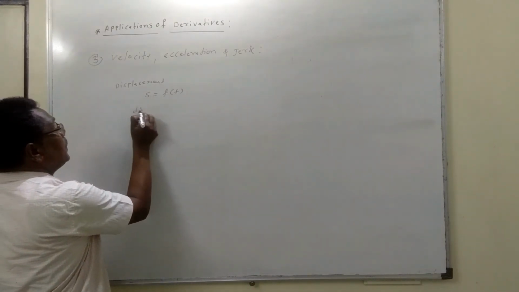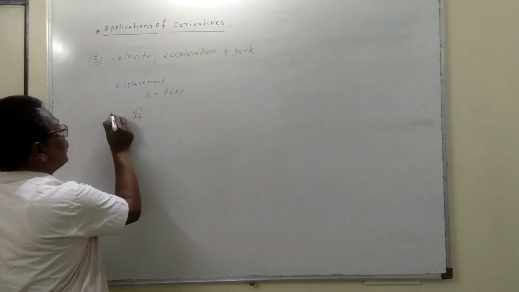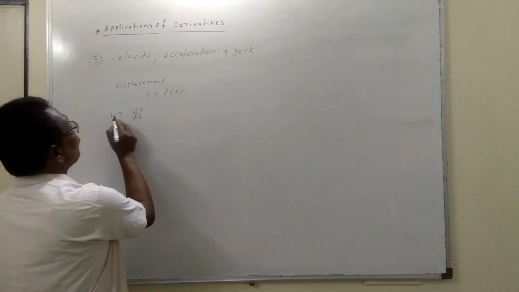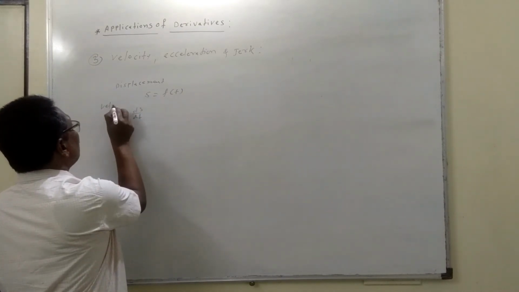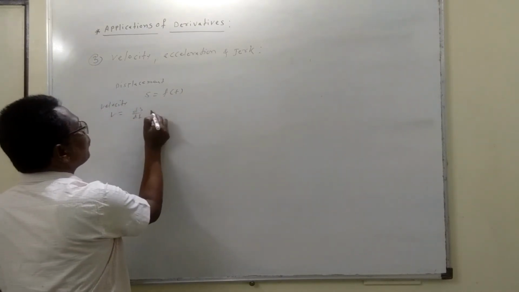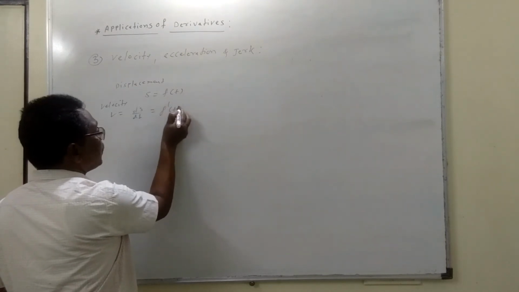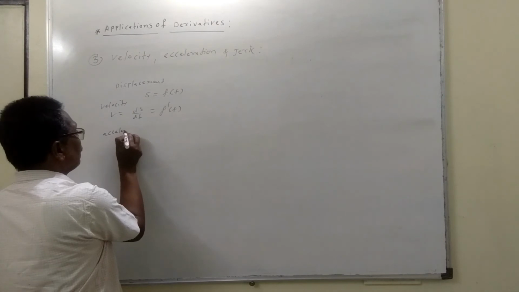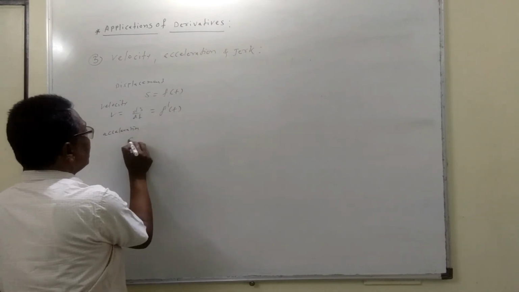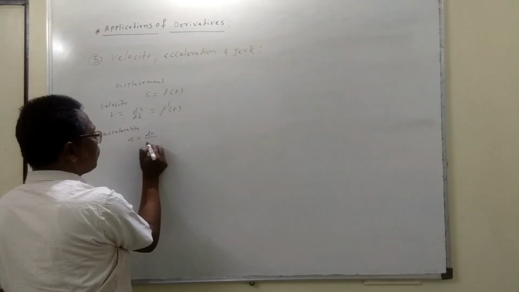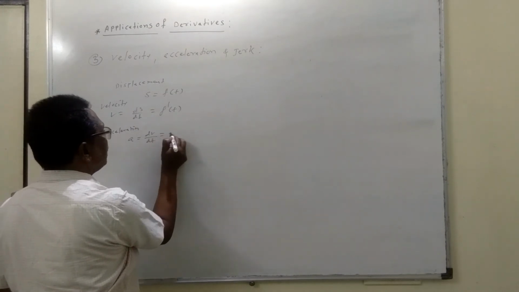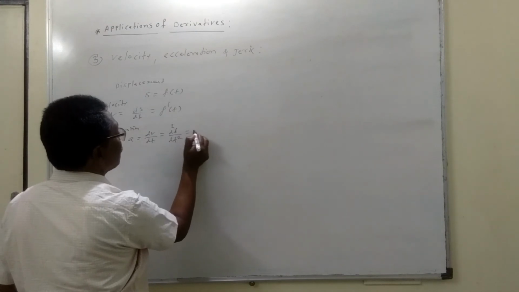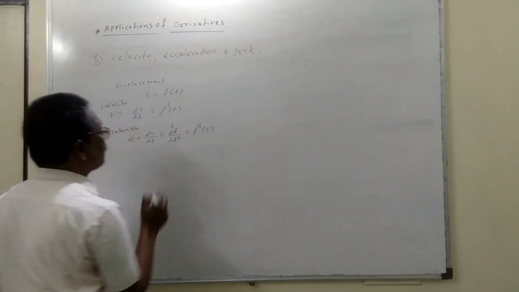Then ds by dt is equal to velocity. So you know this velocity is the rate of change of displacement. Velocity v is equal to ds by dt, so f dash t. Acceleration A is equal to the rate of change of velocity, dv upon dt, or d2s by dt square, that is f double dash t.